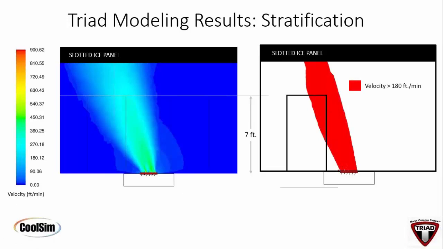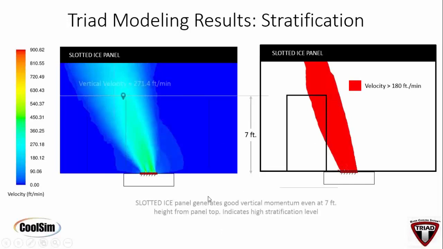So we said, okay, let's look at the data and let's filter out all velocities greater than 180 feet and see what that looks like. And again, you see this nice plume here, much like you see the one on the left. So at 7 feet, these were operating at 271 feet per minute of velocity. So it has good momentum all the way through the entire height of the rack.